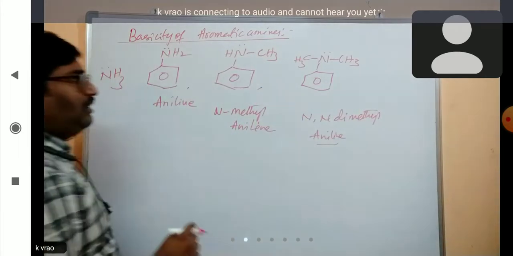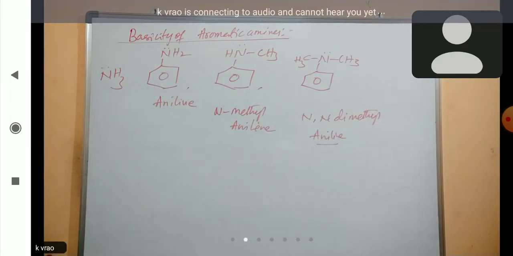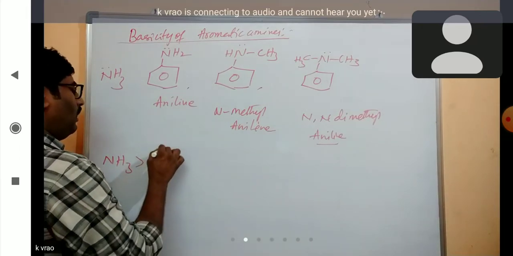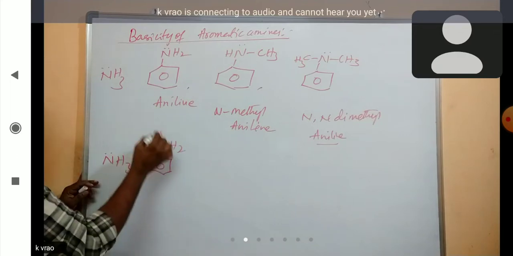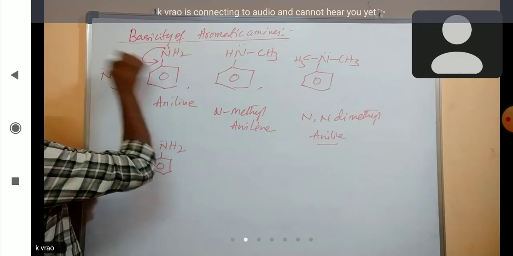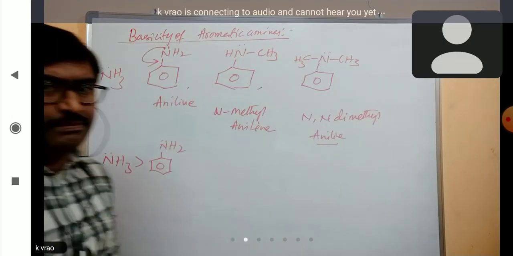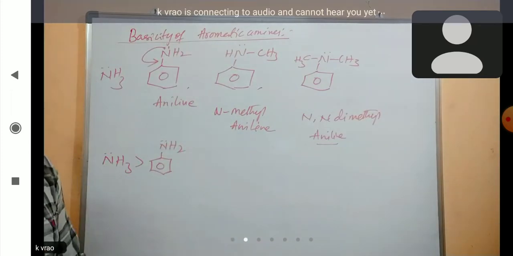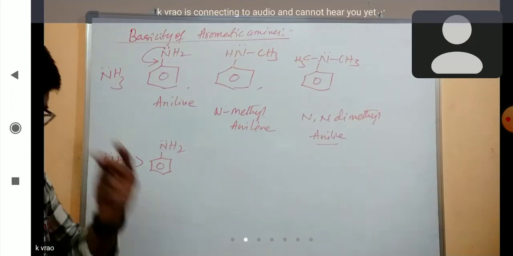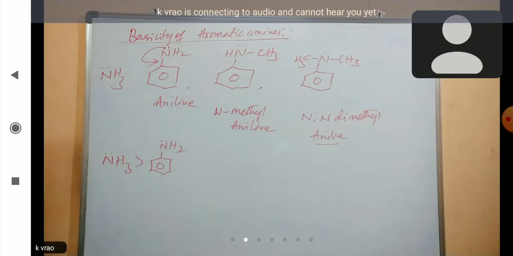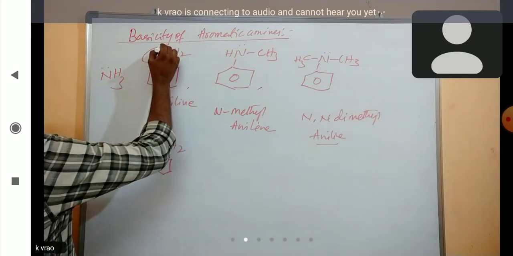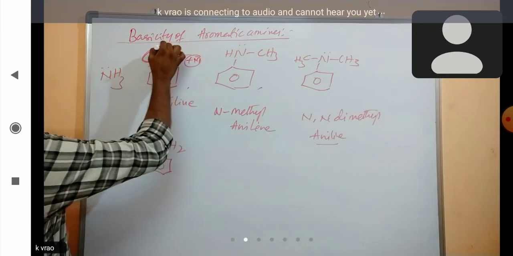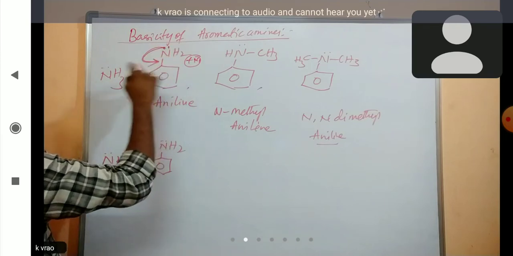From these, the basicity order is usually ammonia is greater than aniline, because in aniline the lone pair of electrons is involved in resonance, that is the plus M effect. We already discussed this in the benzene chapter and the previous alcohol chapter. Due to the lone pair of electrons delocalizing into the benzene, the basicity is decreased.